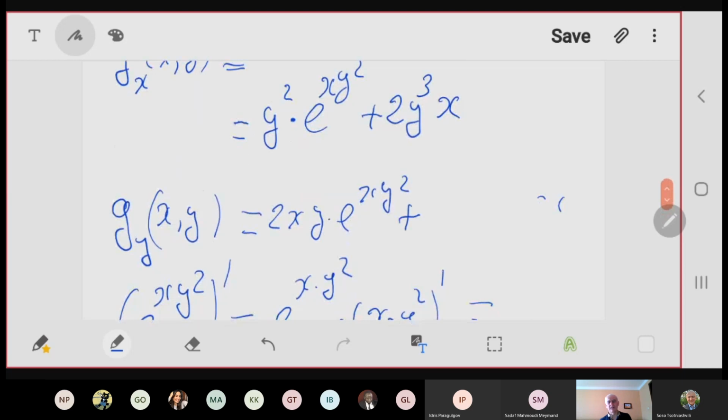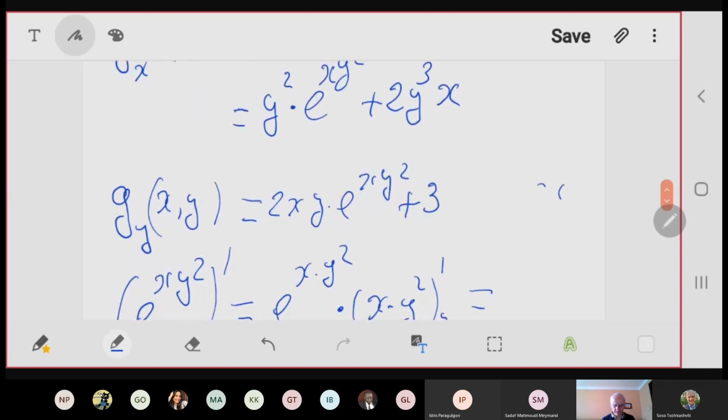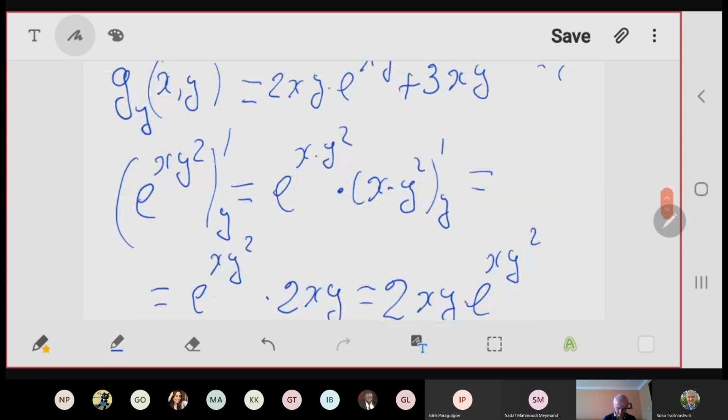The derivative of the second term, x square times y cube, where x is constant, is going to be, I think, 3 times x square y square. Do you agree? Yes.